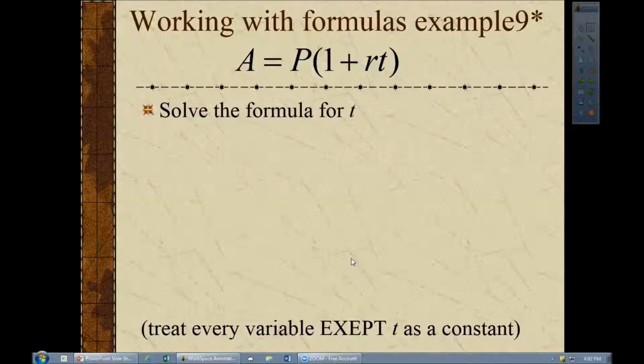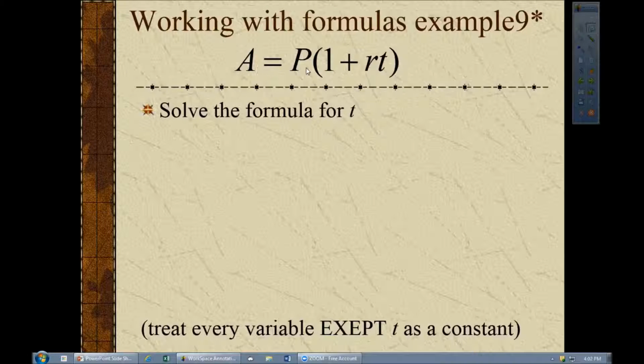My last two examples are examples of what we call solving literal equations, or solving a formula for a variable. This equation does not have a single x that I'm trying to solve for. It's got all kinds of variables or letters that could represent quantities here.